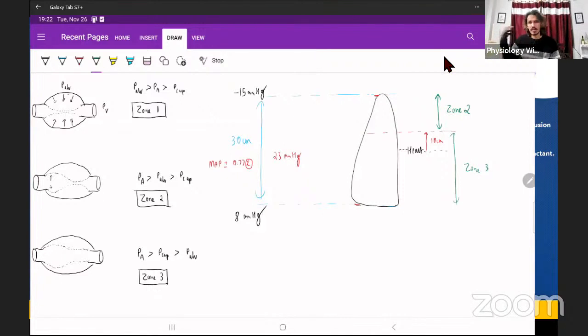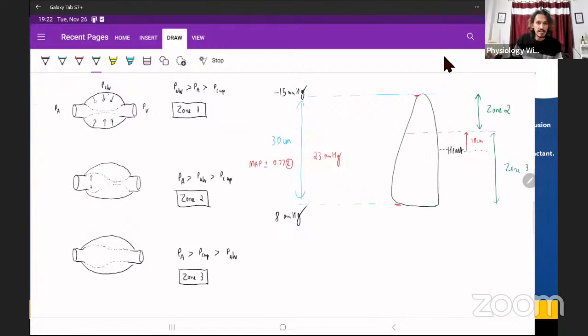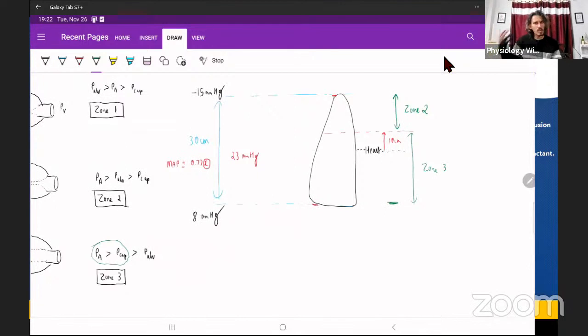And it makes sense because, as we keep going down, the pressure increases, as we learned. So eventually these pressures will be higher as you keep going down. So higher probability for zone 3 to exist down. Above the apical part, zone 2 exists. Zone 1 does not normally be present in your lungs.